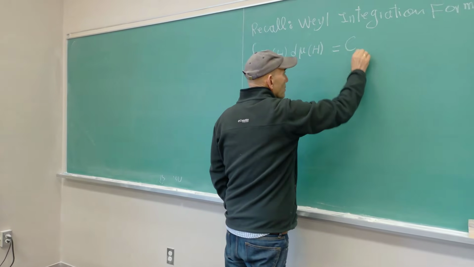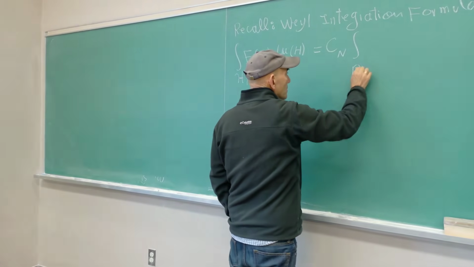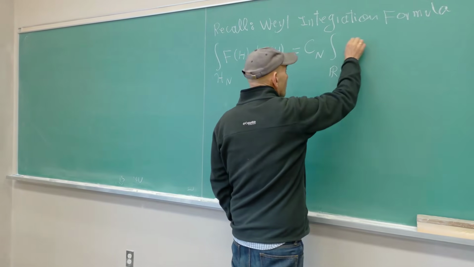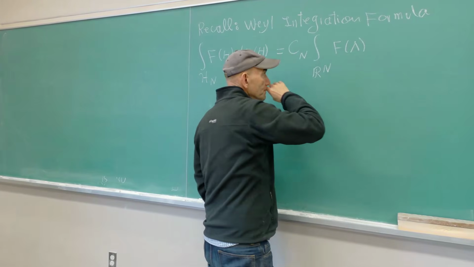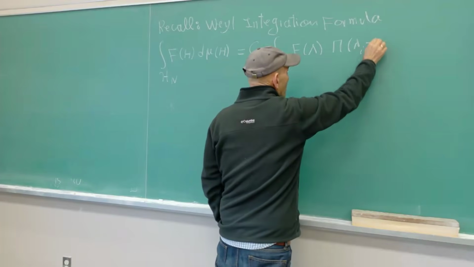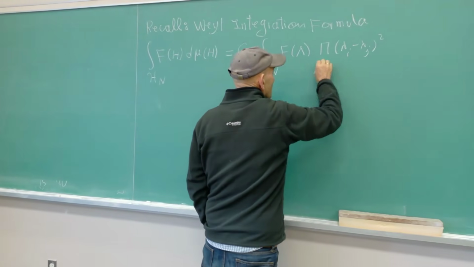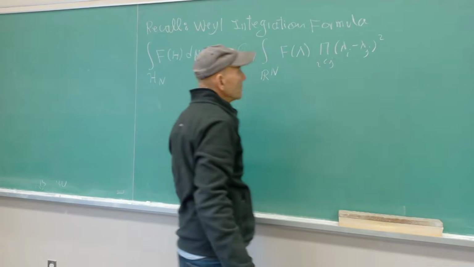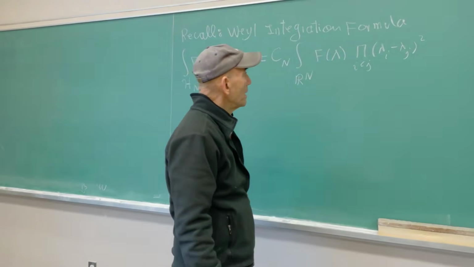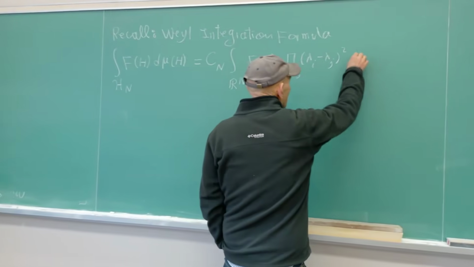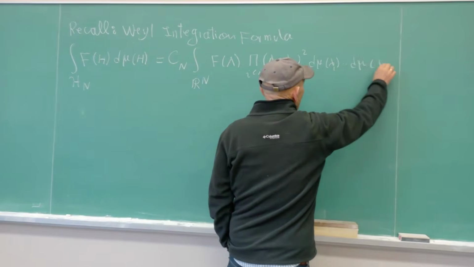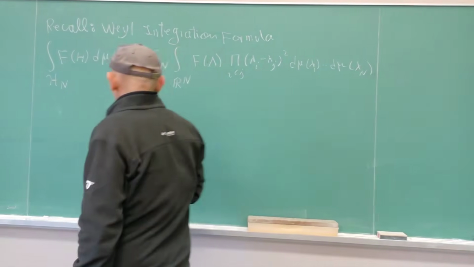So there was a constant Cn, integral over Rn, f of lambda, we had the product of (lambda i minus lambda j) squared, i less than j, this Vandermonde factor squared, and then d mu of lambda 1 through d mu of lambda n.